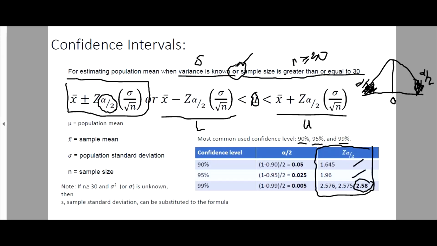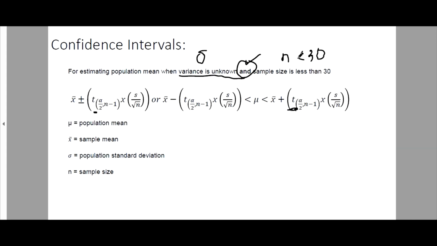For the z, since it is or, either of these two is satisfied in order for us to use z. But if both of these two are satisfied, meaning this is unknown and n is less than 30, then we will use t. Otherwise, we will use the other one, z.